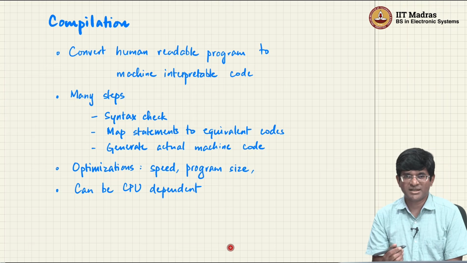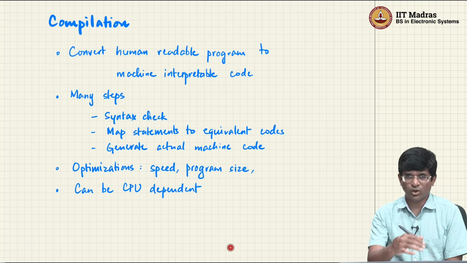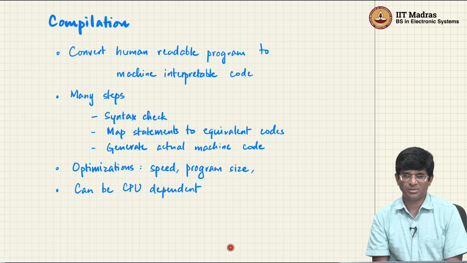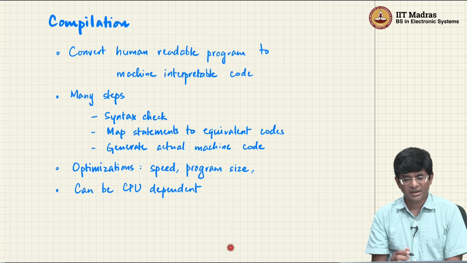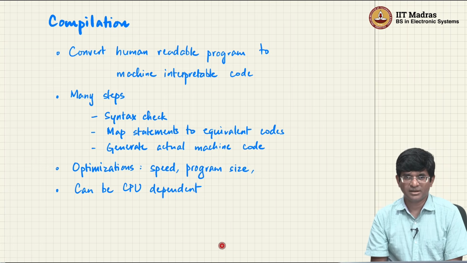There may be other optimizations where, when you look at a whole bunch of instructions together, you find that they could all be replaced by something much simpler. This is not a trivial job, but there's a lot of research in compilers that results in a lot of improvements and optimizations that can be done.